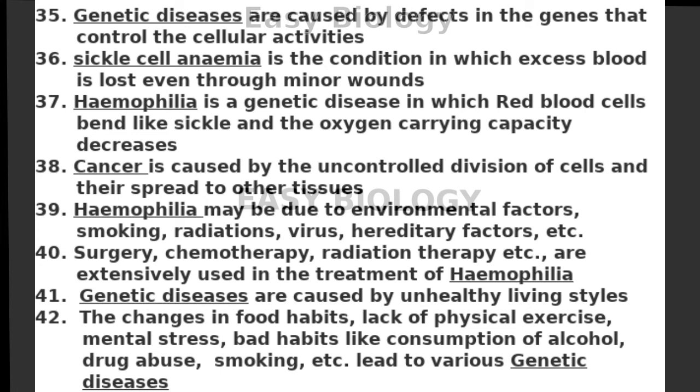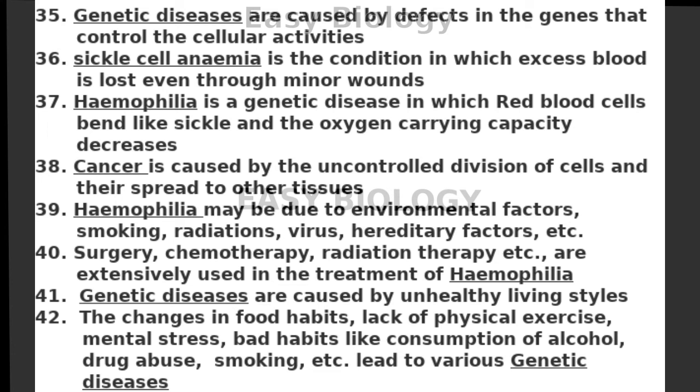Question number 36. Sickle cell anemia is the condition in which excess blood is lost even through minor wounds. Here the underlined portion is sickle cell anemia and it is wrong. The correct answer is hemophilia is the condition in which excess blood is lost even through minor wounds. Question number 37.